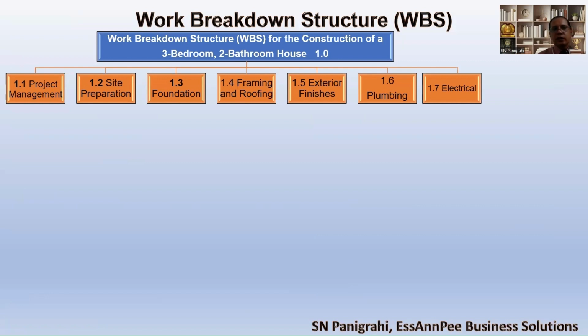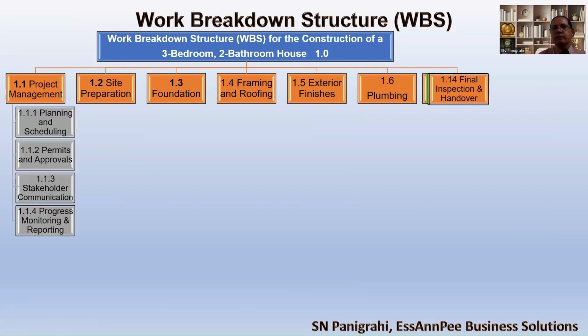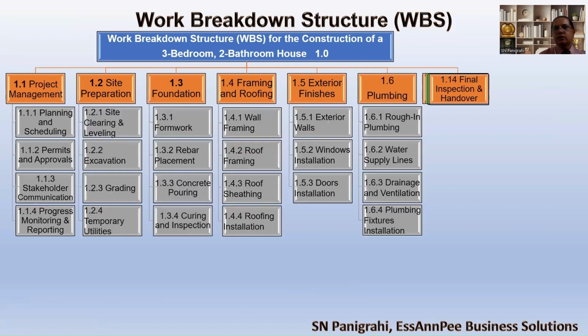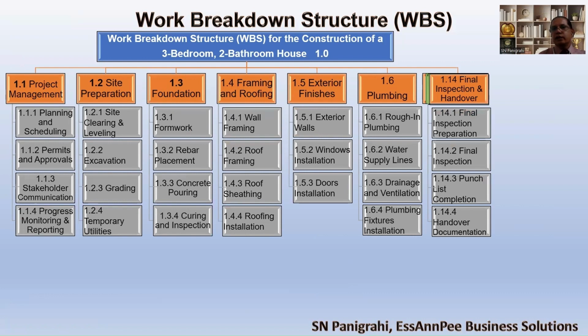Now each component under this level is further broken down. There are many other elements too. Each element of this first level is further broken down like this, and these are called planning packages. At the planning package level, we are unable to make estimations for the scope, the schedule, the cost, and the resource requirements.